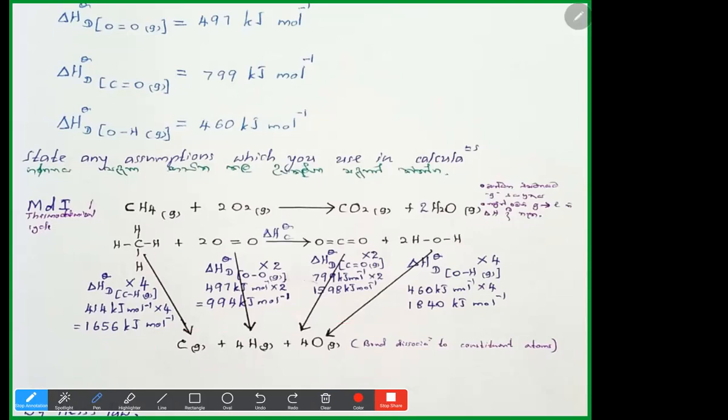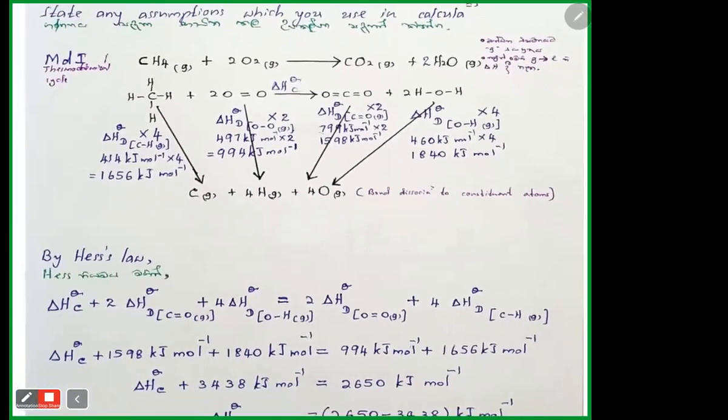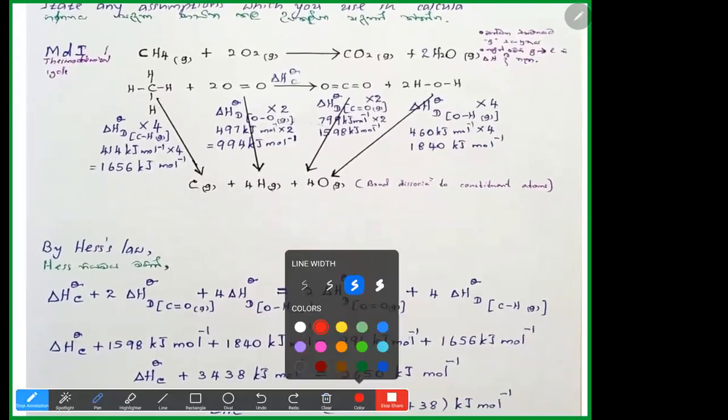Once you have written those symbols, then go with the real values exactly the same. Once you get these values, you can just substitute them. It's not necessary to write these symbols twice in your answer, but I have shown them here for your practice. Again, this is through Hess's law.